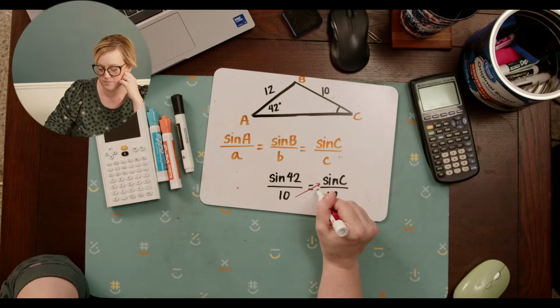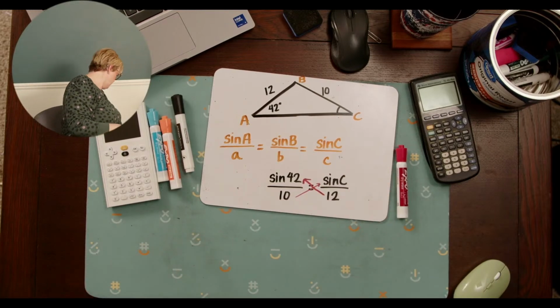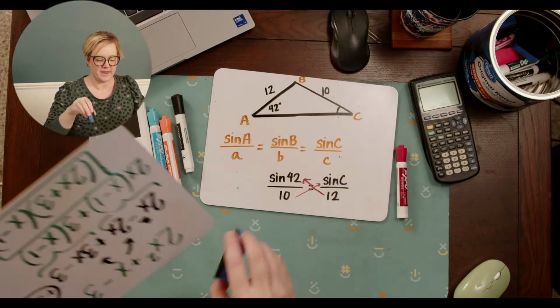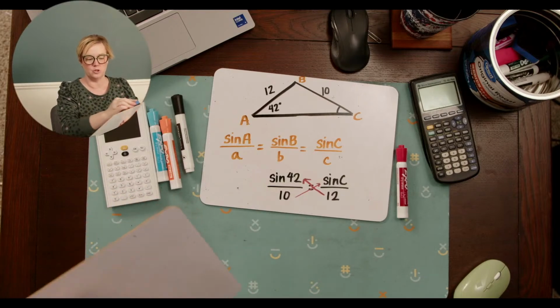So we're going to cross multiply here. Yes, I know there are other ways to solve proportions, but we are going to stick with cross multiplication, because that is the most typical way that people learn how to do these.